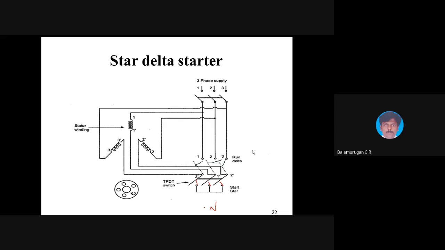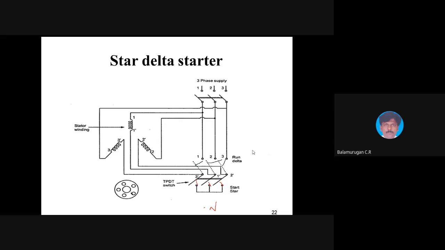That is the relationship between the line voltage and phase voltage in the case of star connection. During the starting condition, the voltage will be reduced by the factor of 1 by root 3. During the running condition, full voltage will be supplied to the starter circuit. And in the final equation, the starting torque to full load torque equals 1 by 3 into IAC by IFL whole squared into S.